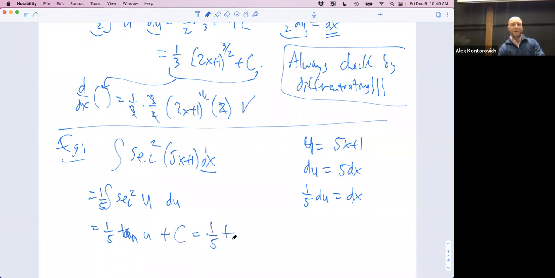And so this is 1/5 tan of 5x plus 1 plus c. Make sense? Pretty easy. Okay. Should we check? Let's check at least in our minds. If I differentiate this, the derivative of tan is secant squared of whatever's inside. The derivative of what's inside brings down a 5 that kills that 5.